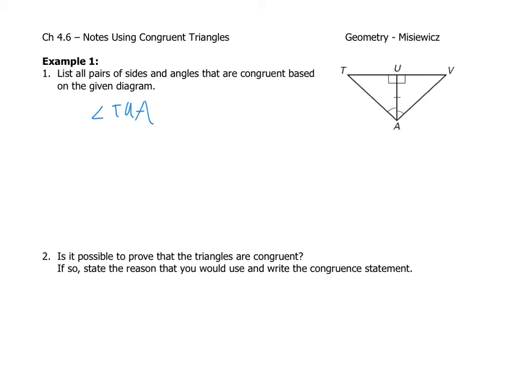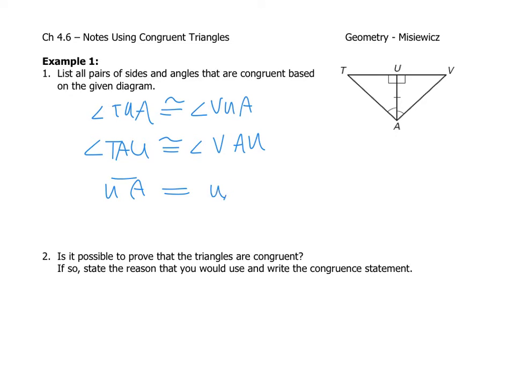So angle TUA is congruent with angle VUA, and also we're given angle TAU is congruent with angle VAU right there. And the third thing we know is segment UA is congruent to itself.